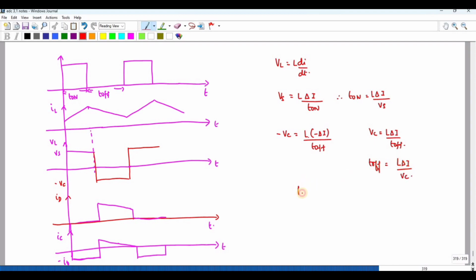So T on plus T off is equal to L di, I can take it common, so 1 by Vs plus 1 divided by Vc.